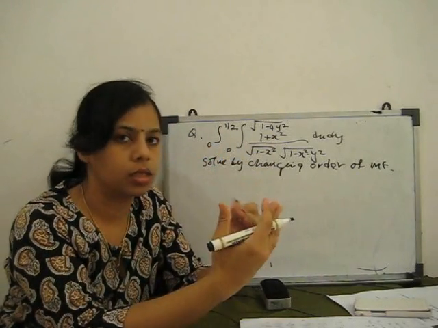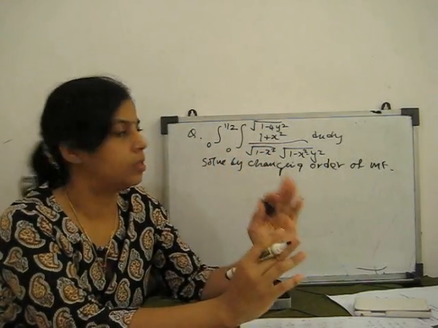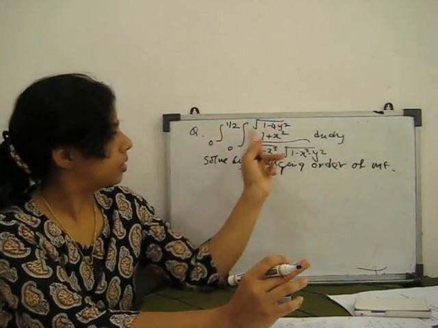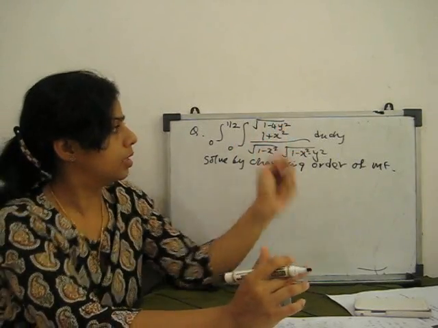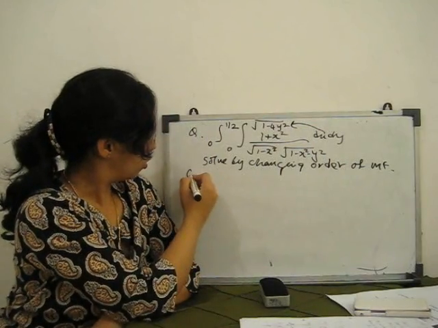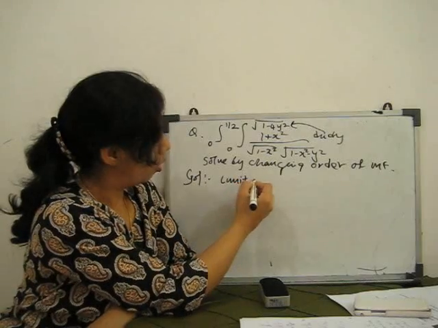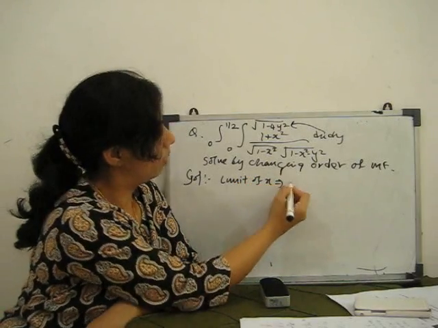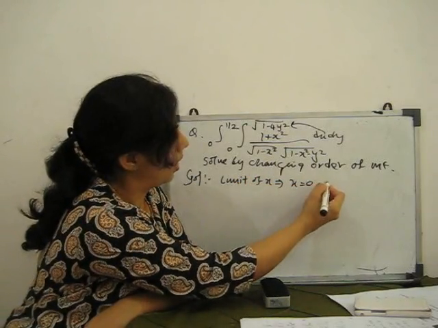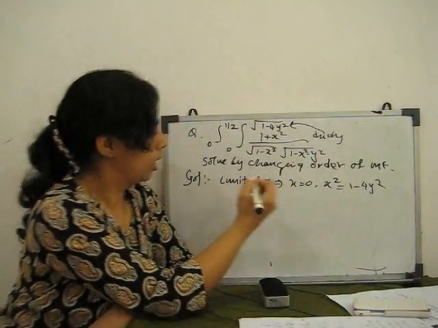Now first see which are the limits for which function. This limit is in terms of y, means this is the limit for x. So solution, limits of x which are given, x is equal to 0 and x square is equal to 1 minus 4y square.